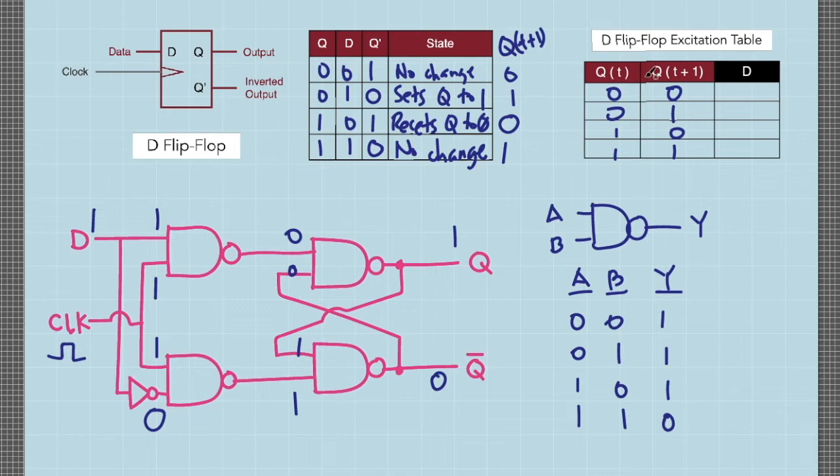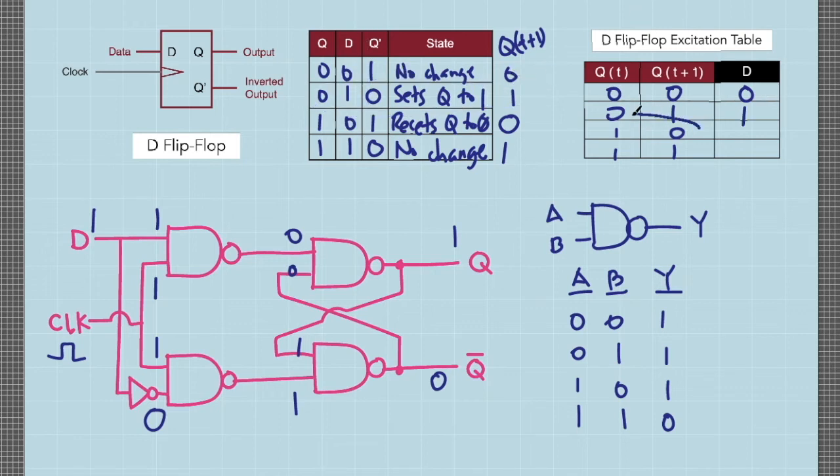Then after one clock pulse, it will now have a new value which is designated by Q of t plus 1. So for this first case, 0, 0, based on this table, this is possible when you supply a data signal of logic 0. Next, for this second case where the initial value of Q becomes 1, this is possible when you supply D with logic 1.